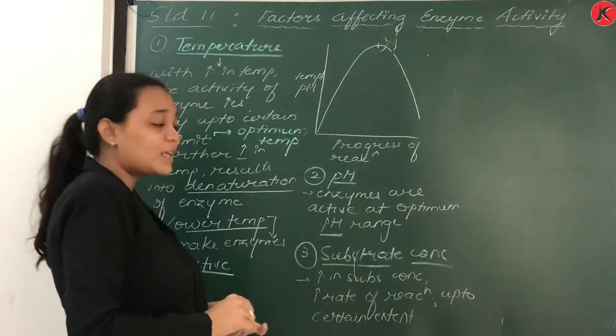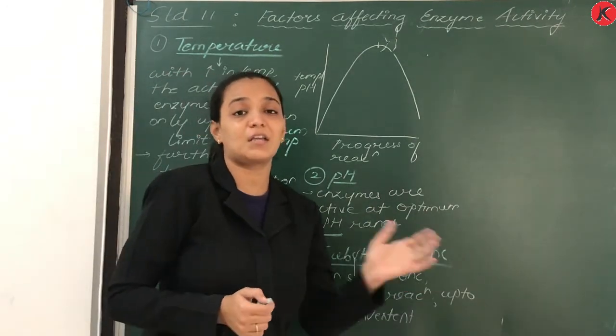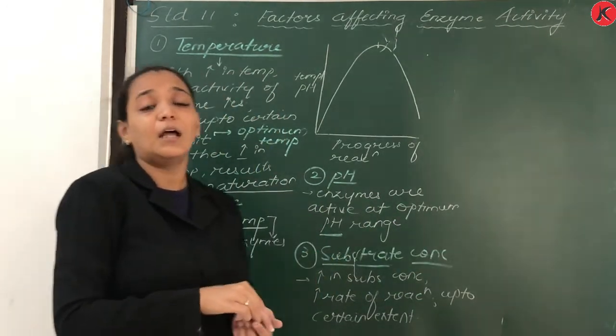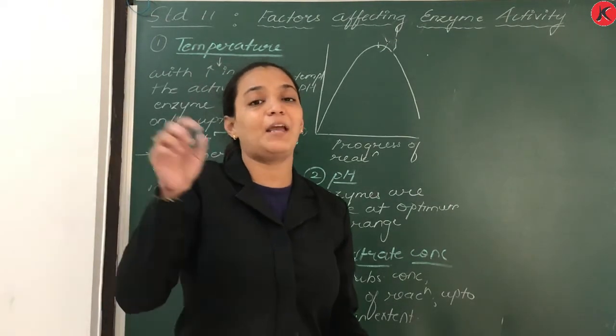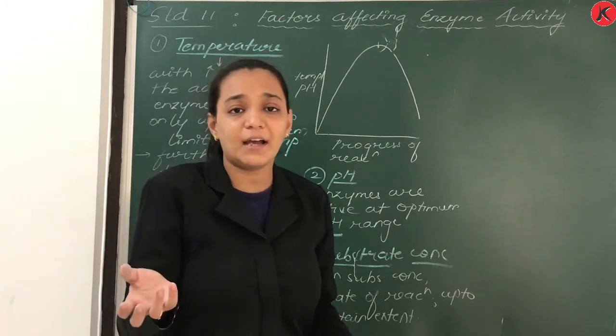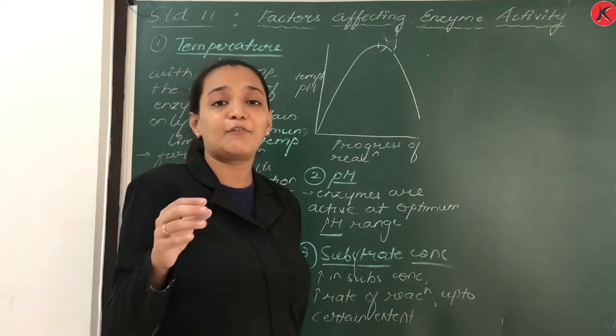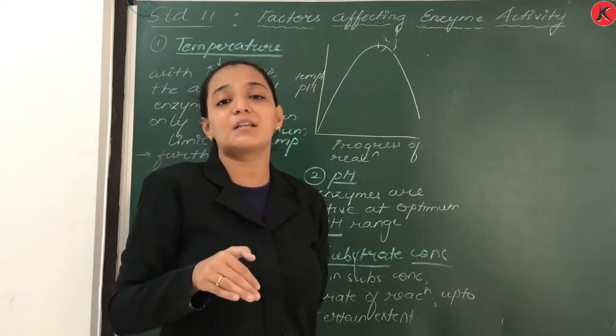Because beyond this extent, if you keep on increasing the substrate concentration, the number of enzyme molecules is few. A substrate has already attached to all the enzymes. So now the enzymes have got saturated with the substrate.